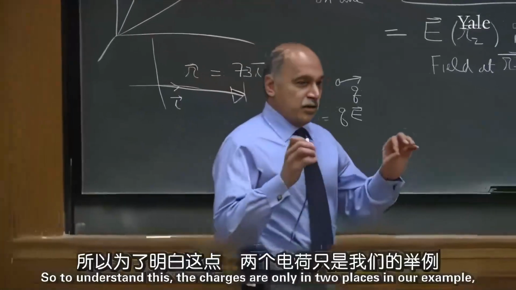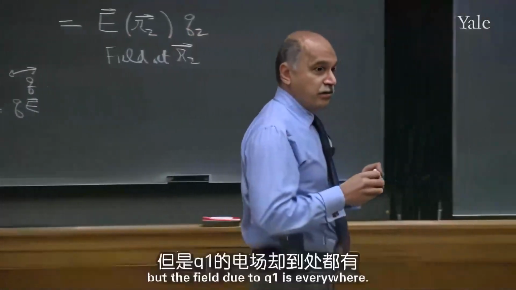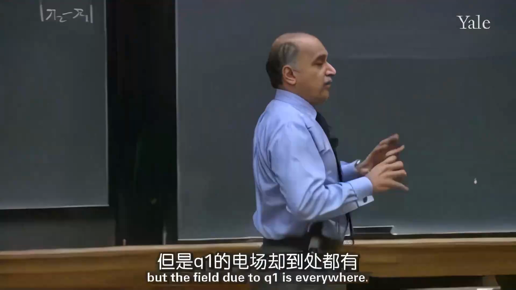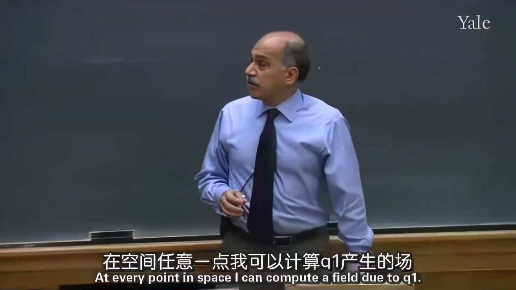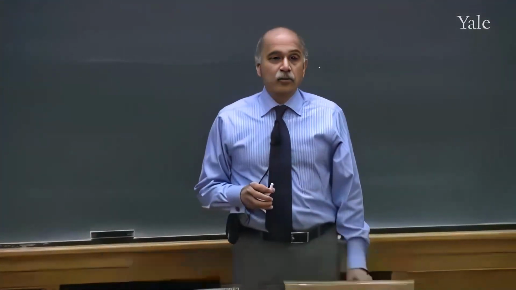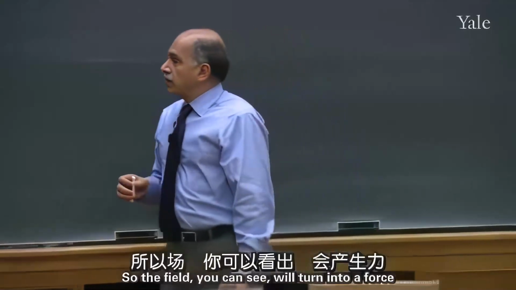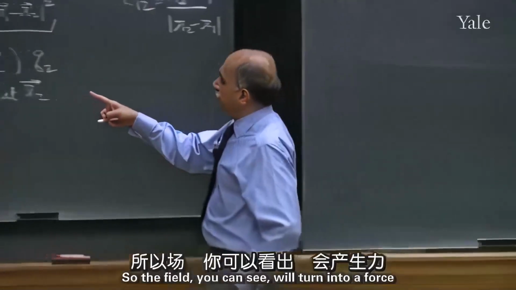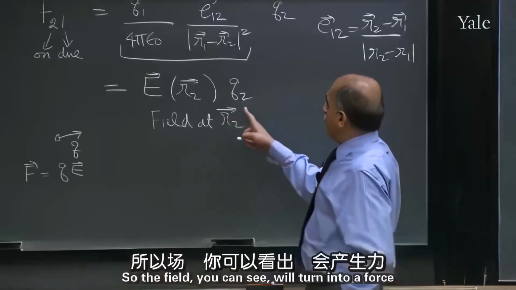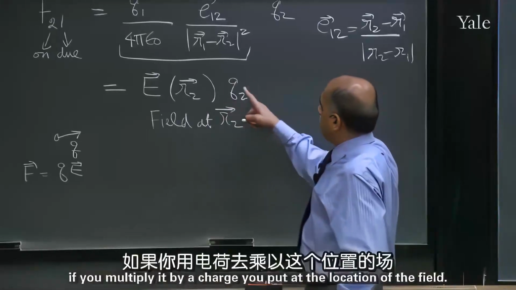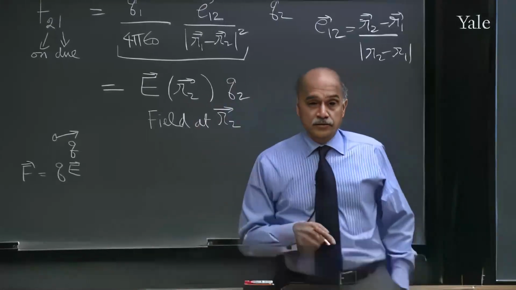So understand this, the charges are only in 2 places in our example. But the field due to Q1 is everywhere. At every point in space, I can compute the field due to Q1. So the field, you can see, will turn into a force if you multiply it by a charge you put at the location of the field.